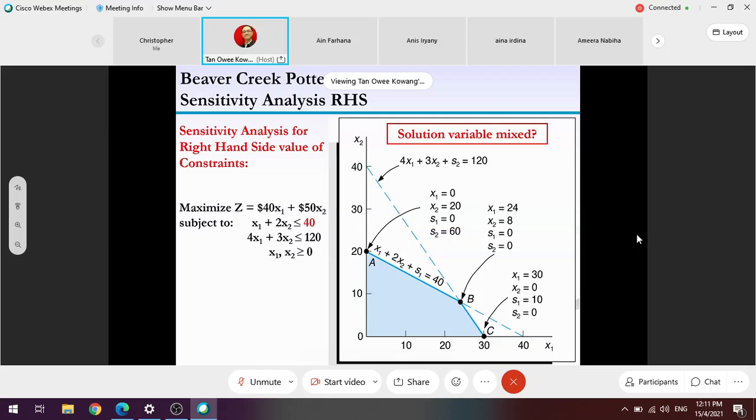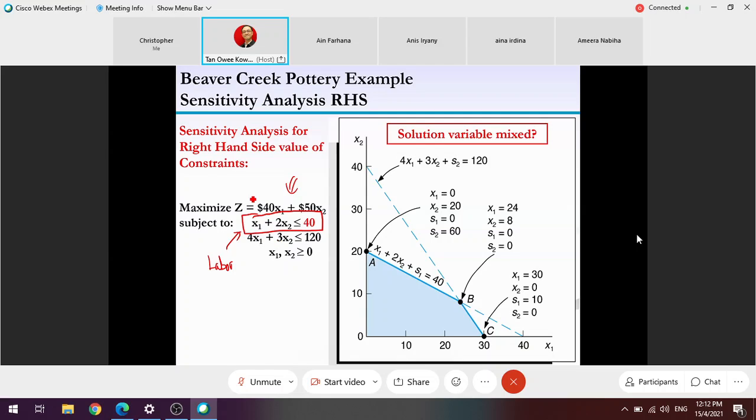Okay, so we focus on sensitivity range of right-hand side value for constraint number 1, which is labor. We worked out the solution using the graphical method, the solution for this linear programming to maximize profits. What is this solution?